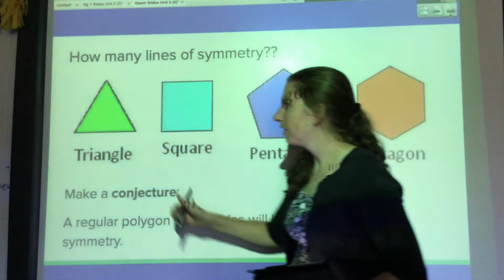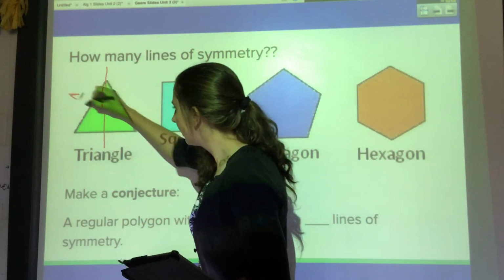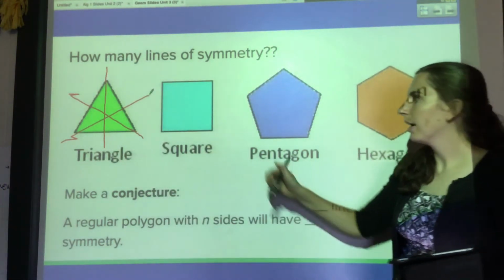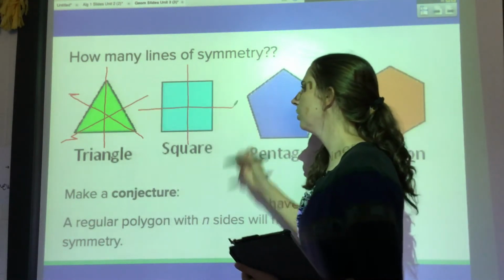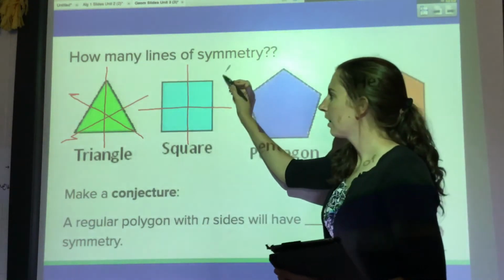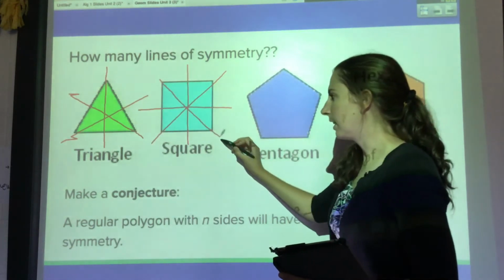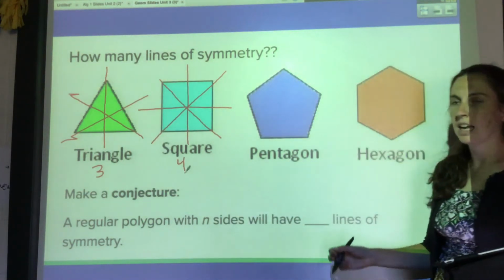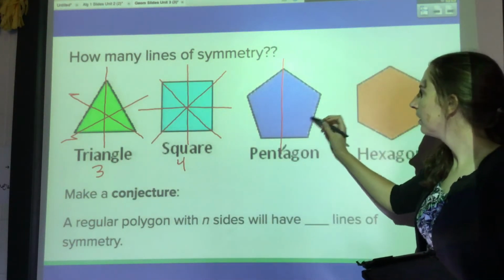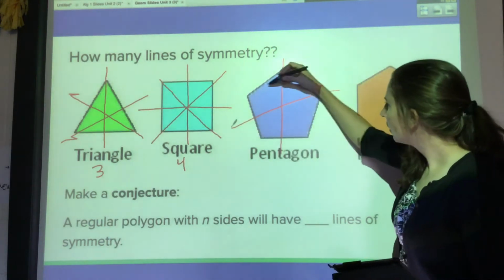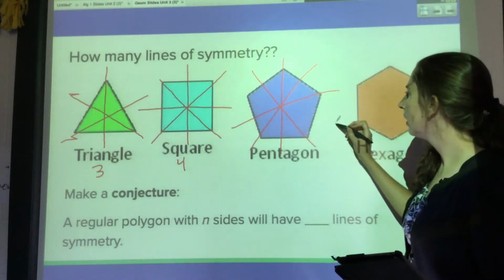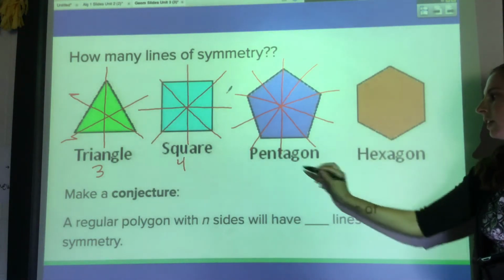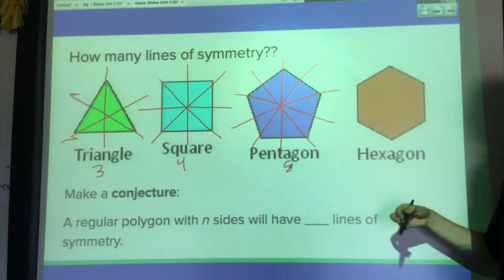A triangle is going to have 1, 2, 3 lines of symmetry. A square has 1, 2, and then 3, 4 lines of symmetry. So a triangle had 3, a square had 4. A pentagon has 1, 2, 3, 4, 5. Basically, if you go through each vertex. Want to just take a guess on hexagon?